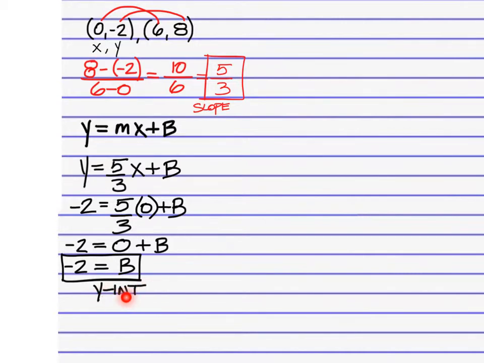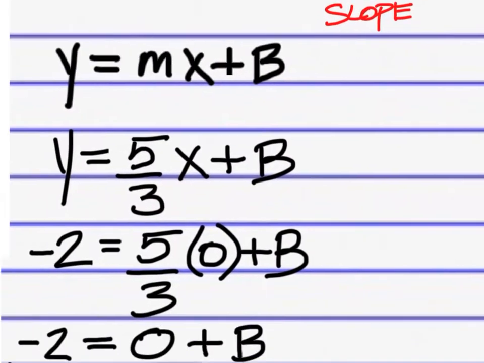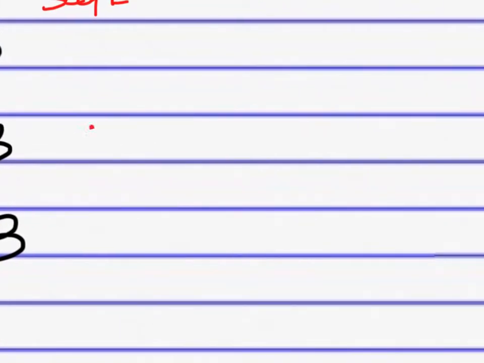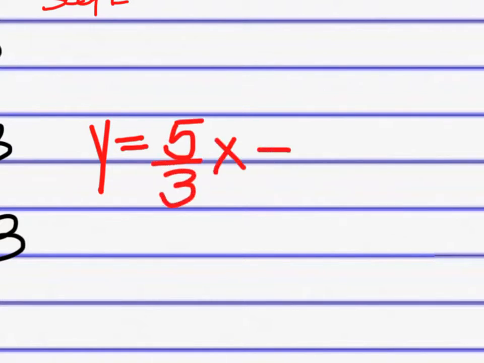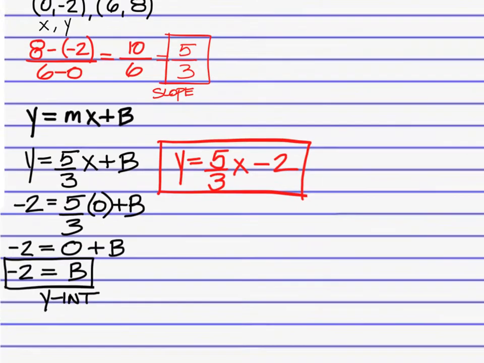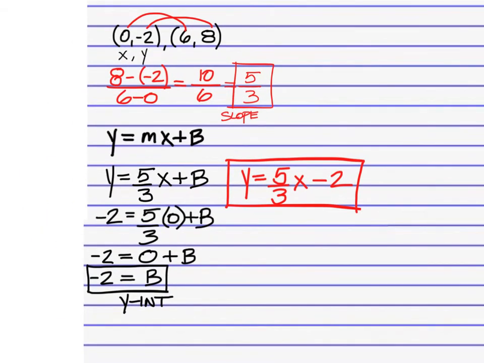Where does this go? Yeah, goes in right here. Goes right there for b. So off to the side of that, we're going to insert a negative 2. So y equals 5/3 x minus 2. This is the equation of the line that passes through the 2 points given to you at the top.